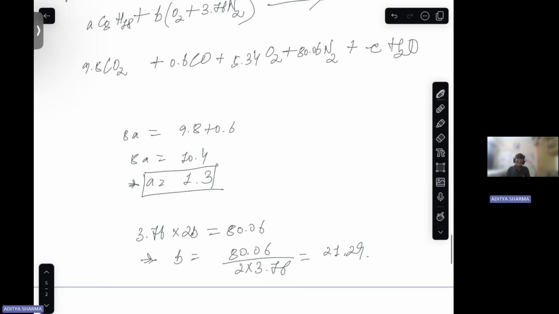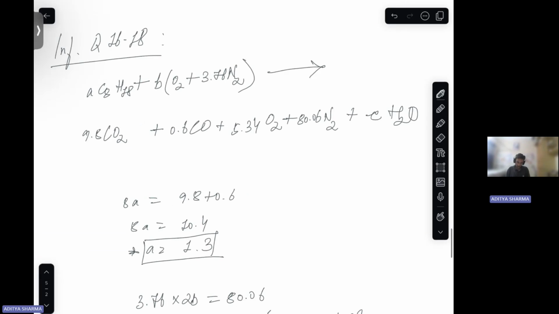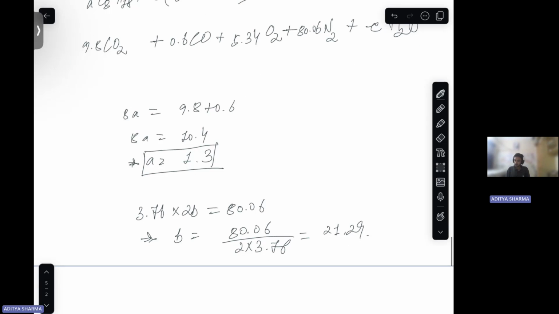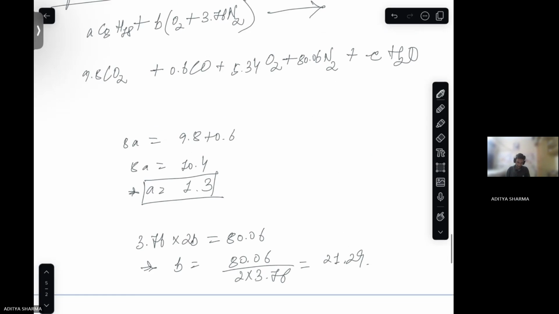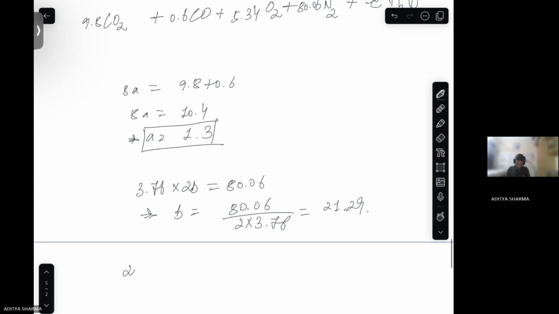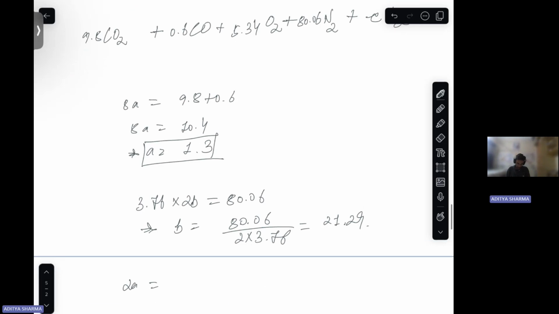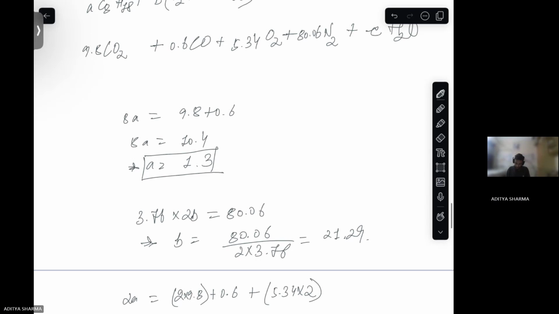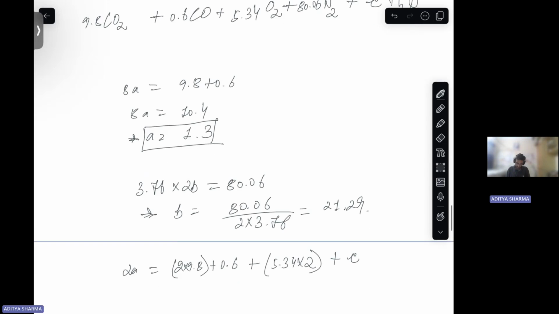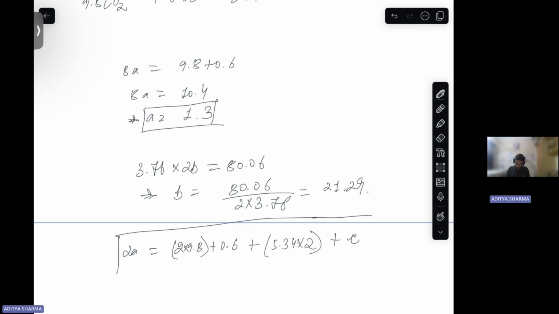Then from here we can find out oxygen. So if we balance the oxygen terms, what we will get is that 2A equals 2 into 9.8 plus 0.6 plus 5.34 into 2 plus C. Here A is known to us, only C we have to find out.